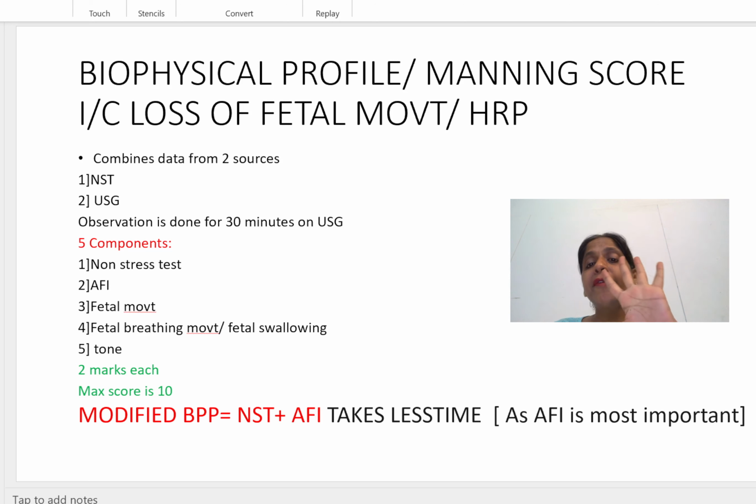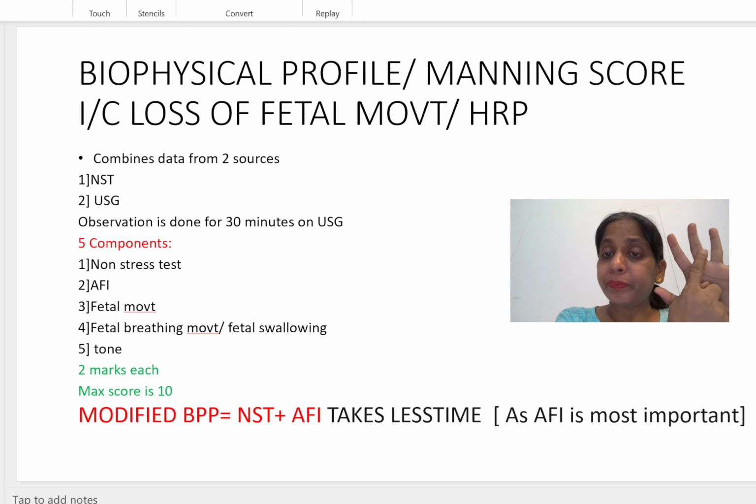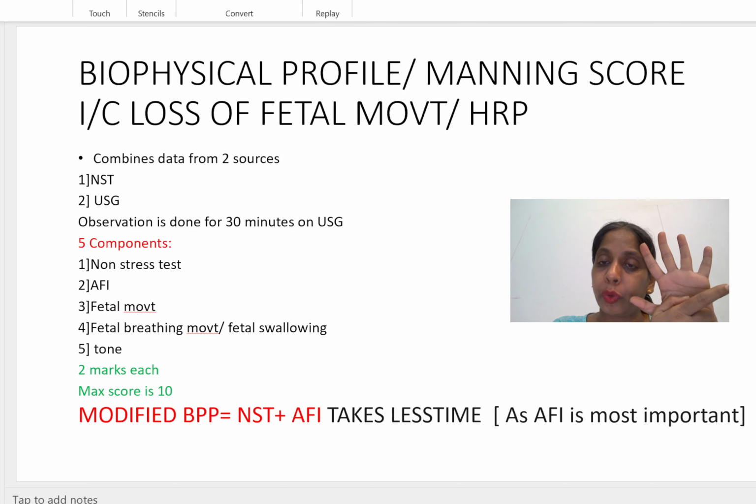Okay, so the 5 components of the Manning score or biophysical profile are, first of all, the 2 components of the modified biophysical profile, NST and AFI, and next the fetal movement and fetal breathing movement, and the last one is fetal tone. Each component gets 2 marks.